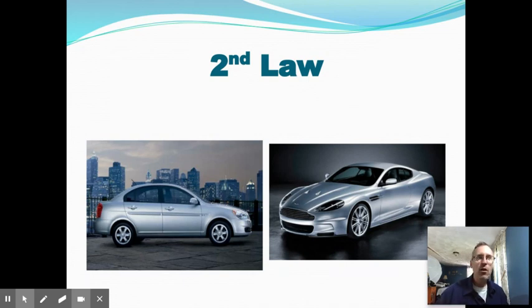So if you put a decent racing bike or something on the line next to the Aston Martin, now the mass part of the second law is becoming a factor, and the smaller mass, for a given amount of force, will accelerate more. So that's that concept there.